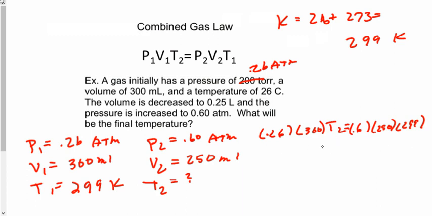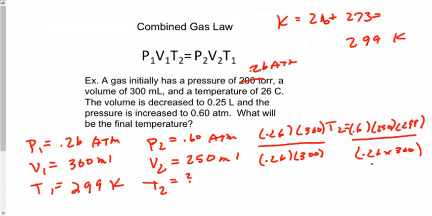I need to get T2 by itself. So I need to divide both of these by 0.26 times 300. Now be careful in your calculator, guys, on this. I'm writing it on the right side, how you would put that in your calculator.